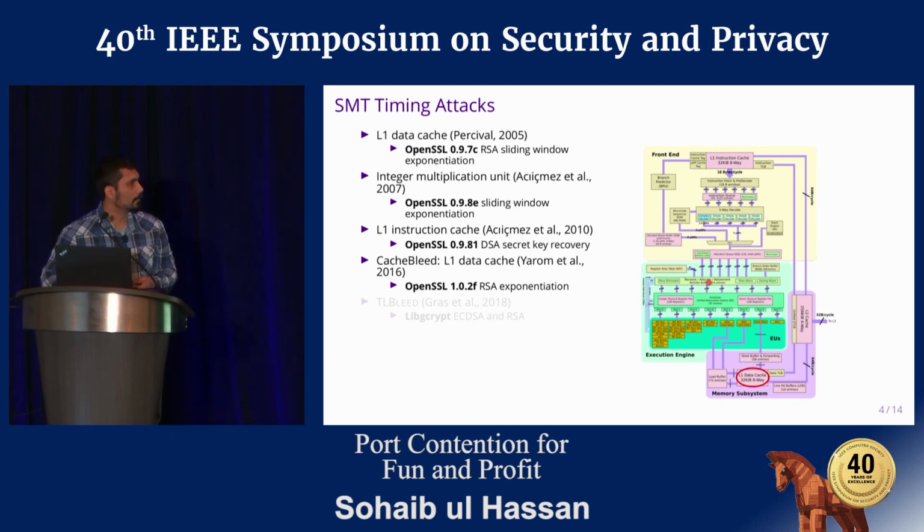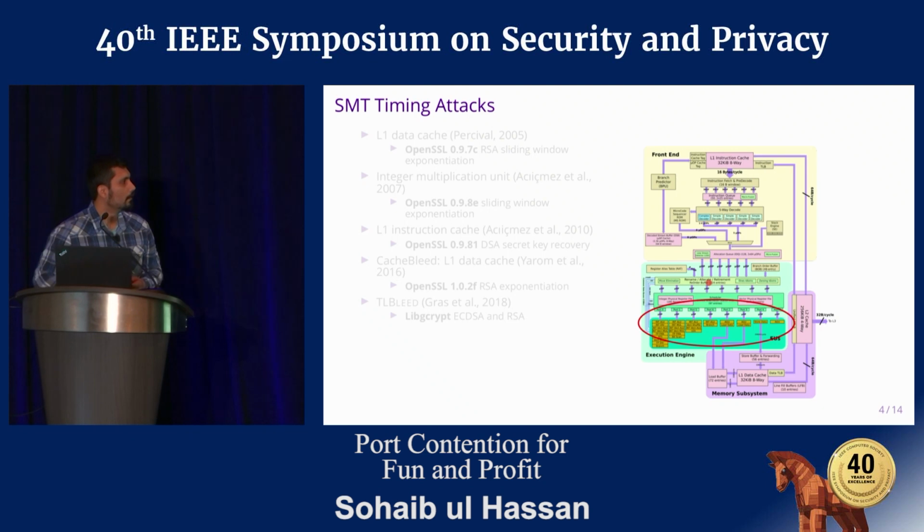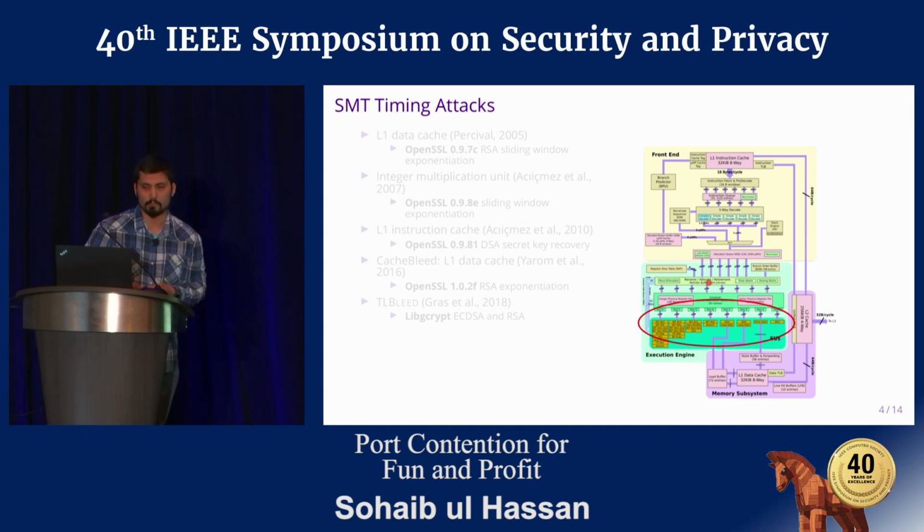And finally, just last year, another shared resource, the TLB, which is partially shared, was exploited to recover keys from ECDSA and RSA. And where we come in, we are focusing on the execution engine and how the contention on the ports can actually leak information.